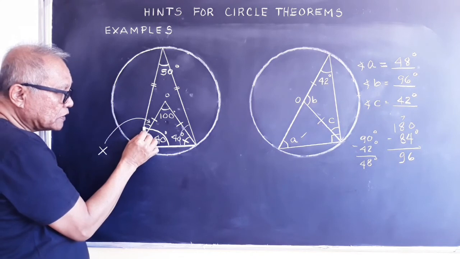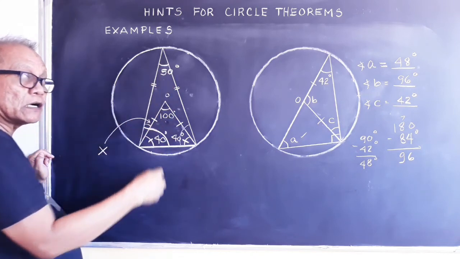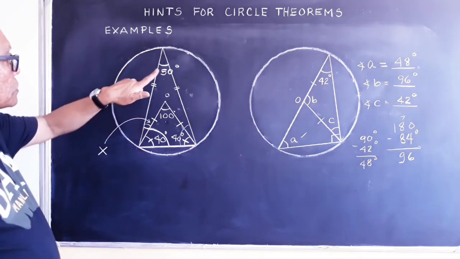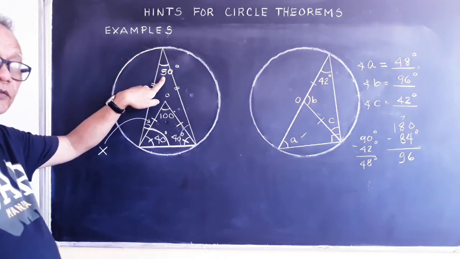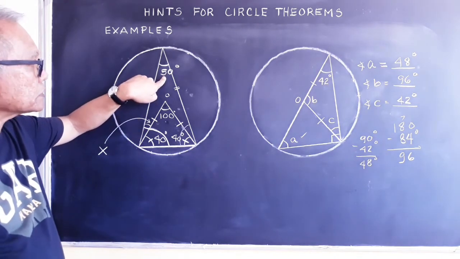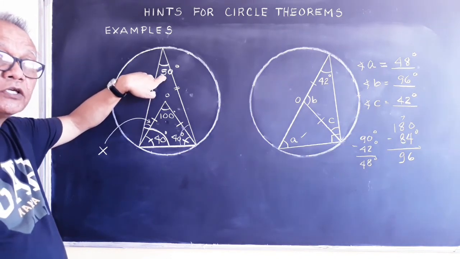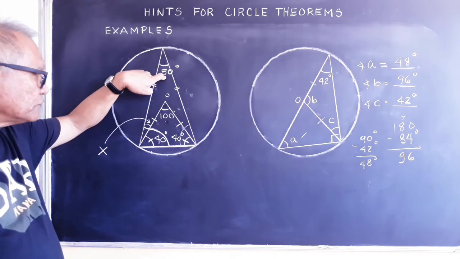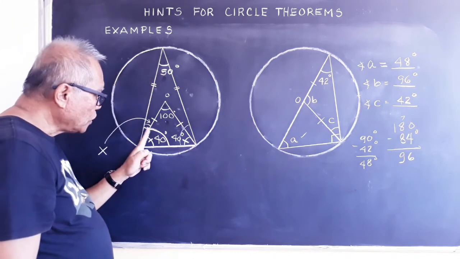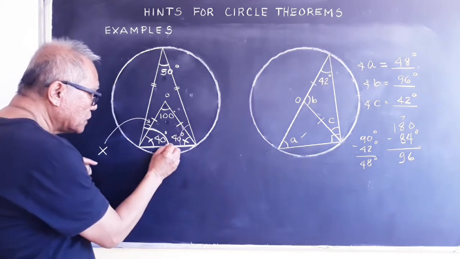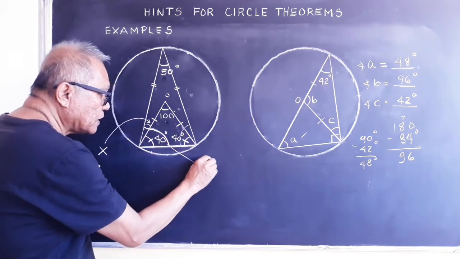So let us compute this base angle of this large isosceles triangle. This one is 50 degrees. Subtract it from 180 degrees, then we have 130 degrees. Then we divide it by 2: 65 here and 65 there. So here we have 65 degrees.